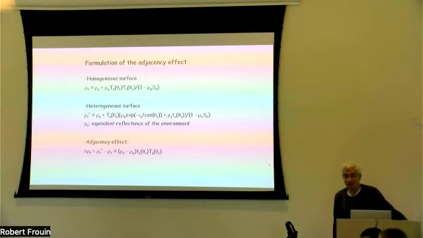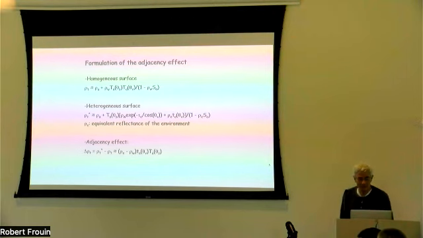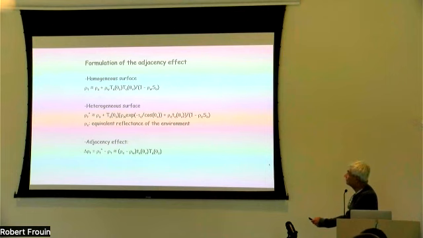Okay, ready to start? Okay, so again, this is the formulation of this adjacency effect. We have the homogeneous case, what we call also the large target formalism, and this is in terms of reflectance instead of radiance.